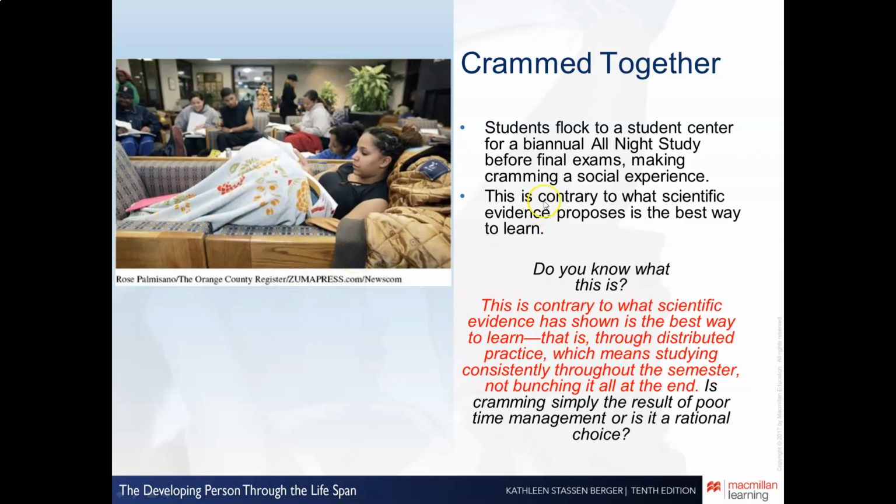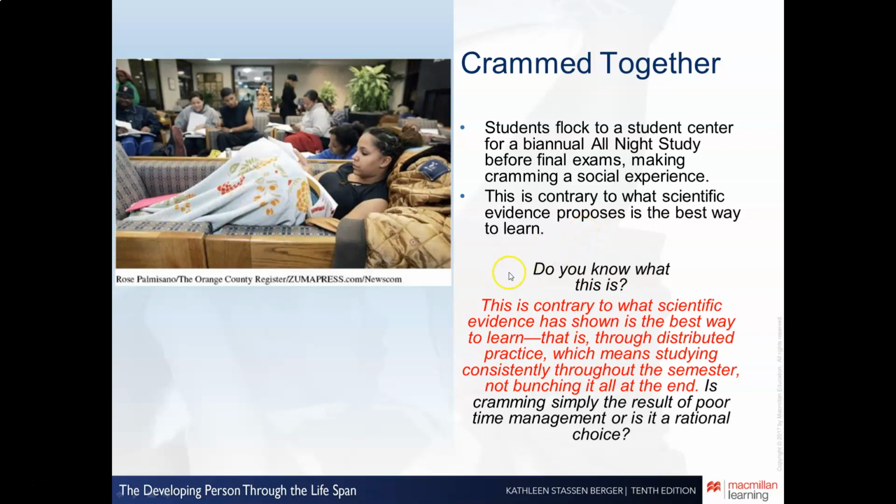They're all together, flocking together and cramming for an exam. For those of you who still subscribe to this type of strategy, that's contrary to what scientific evidence proposes is the best way to learn.